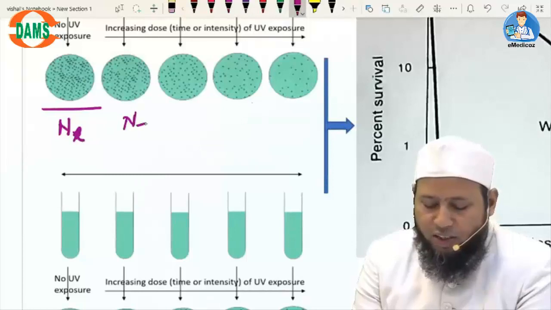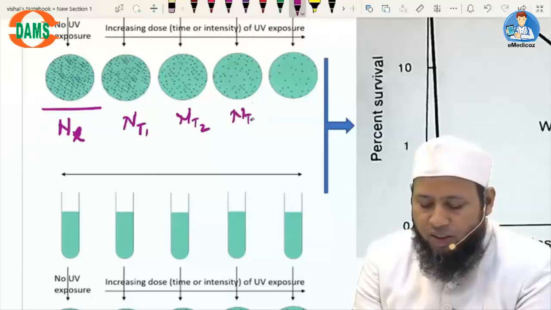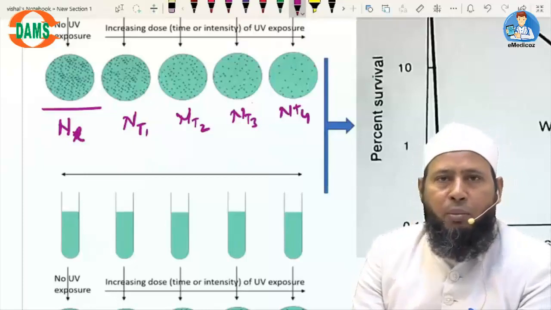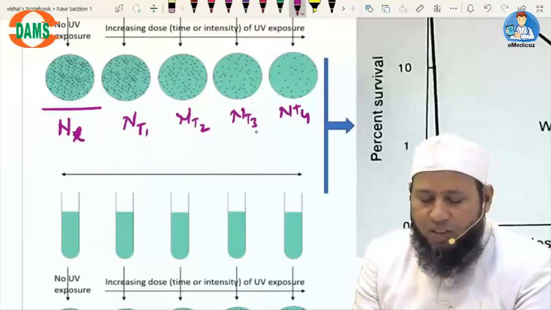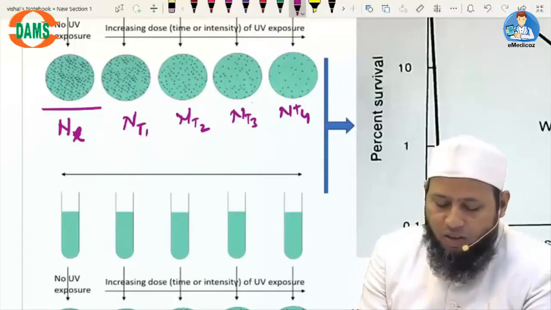Then in the test cultures you get NT1, NT2, NT3, NT4, meaning the number of colonies in test plate 1, test plate 2, test plate 3 and test plate 4.